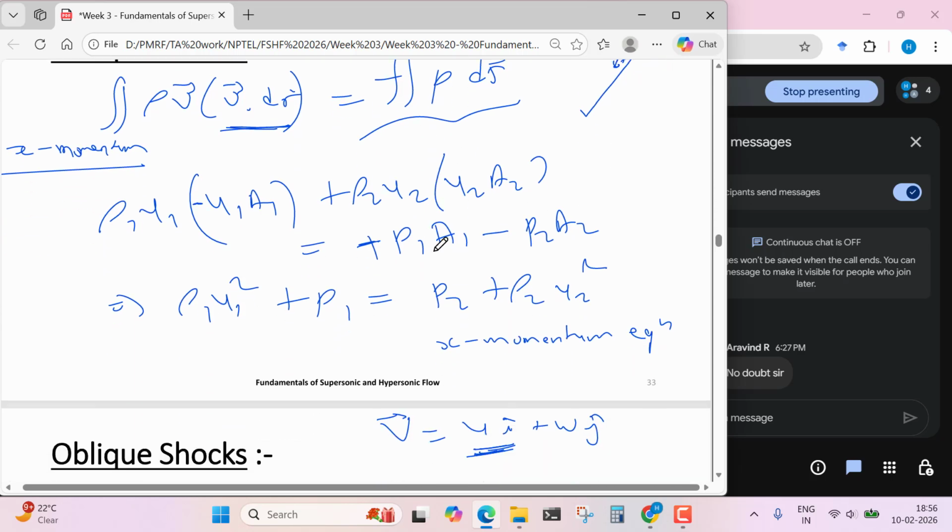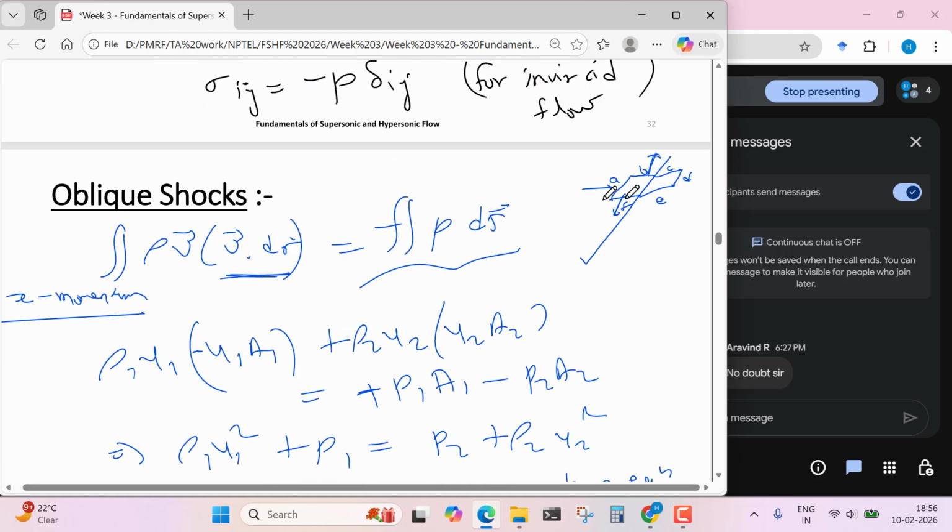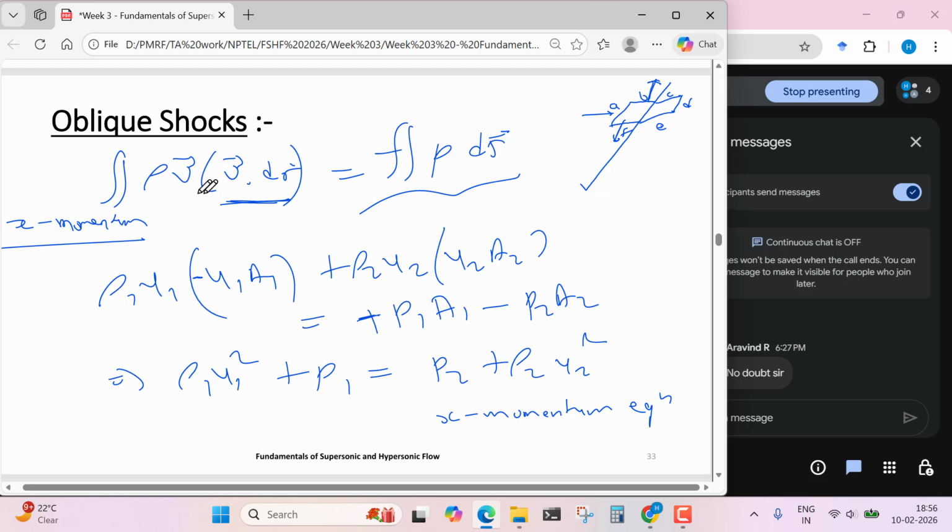So for y momentum, we will write the y momentum for these surfaces. The velocity will be along the shock wave.